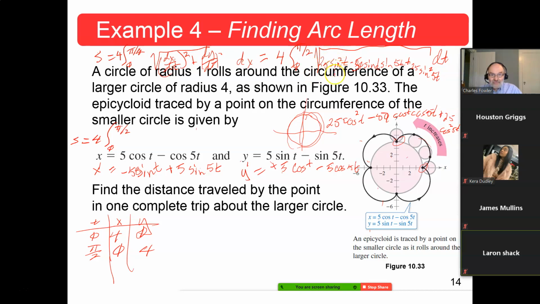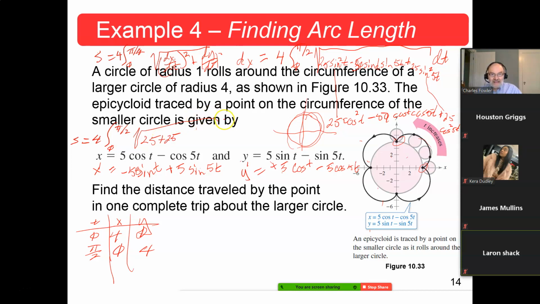So when you add this one and that one, basically you get the square root of 25, because sine squared t plus cosine squared t is 1. Now notice, let's do this one too. 25 times sine squared 5t plus cosine squared 5t, that's also 1. So that's another plus 25.